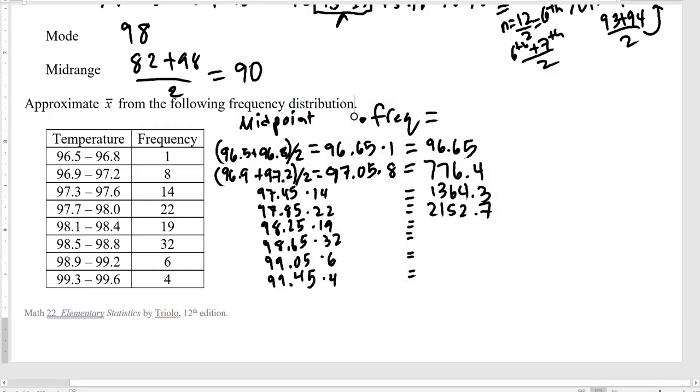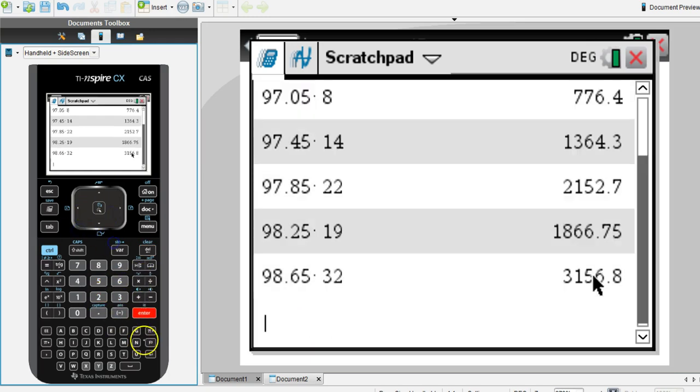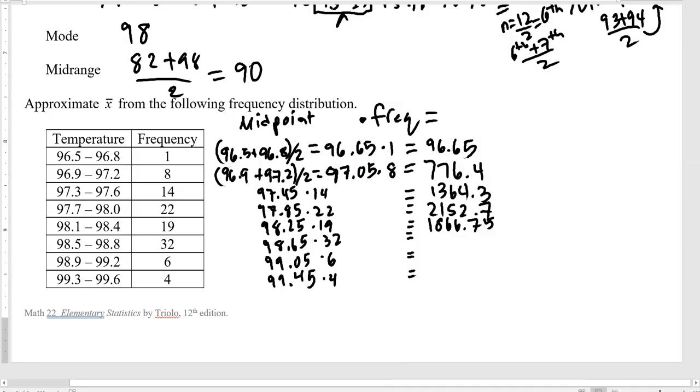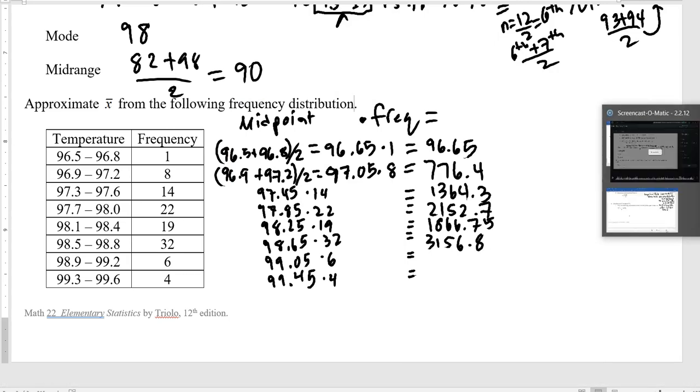That's 1866.75. 98.65 times 32 is 3156.8. 99.05 times 6.